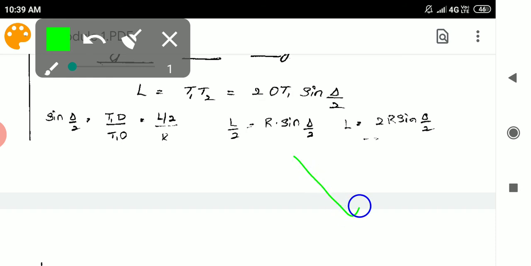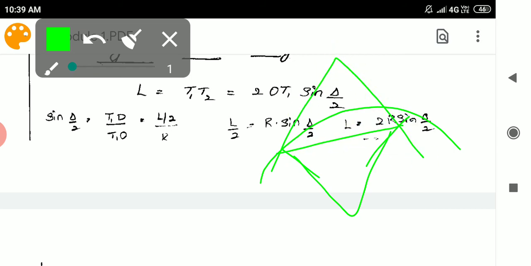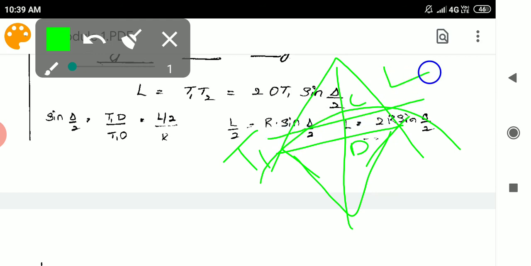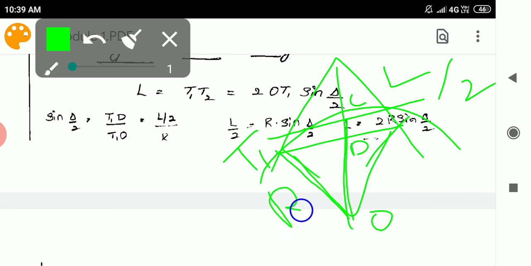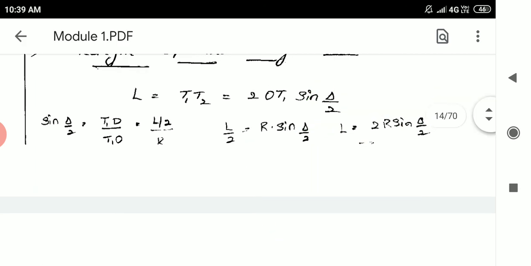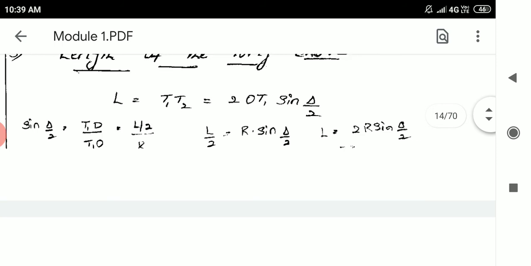T1D, it is from here to here, it is L, so half of it is L by 2. T1O is the radius, so it is R. Taking all terms to the right side, L by 2 equals R into sin delta by 2.